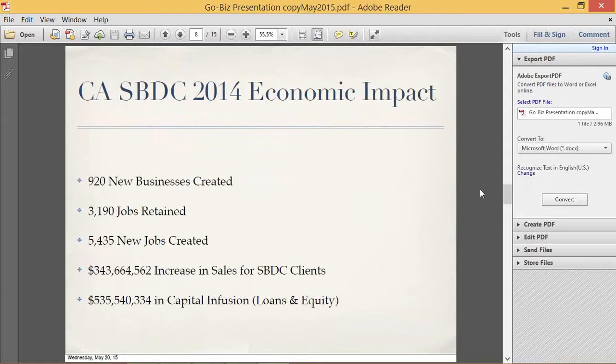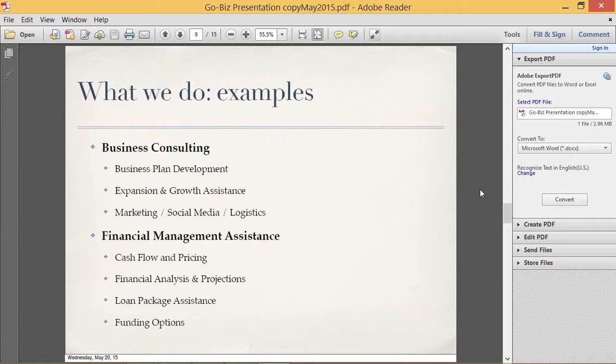What these numbers tell you are our direct client services. These are not multiplied numbers, but direct client service numbers with our clients.